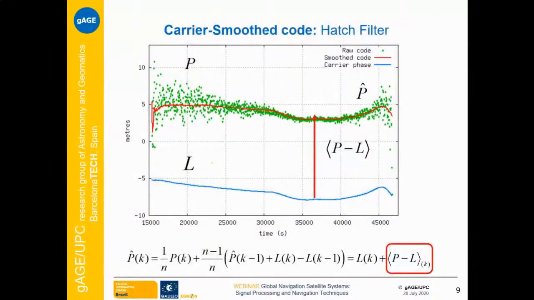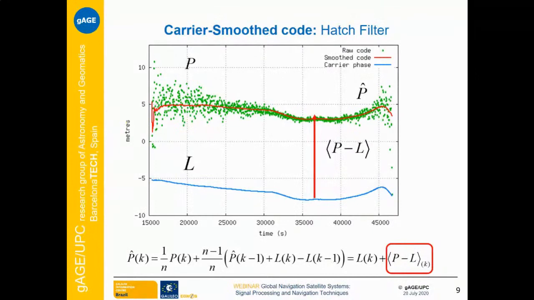This figure illustrates the different noises that can be expected in the code and the carrier. We have in green the code measurement, and we can see that it is noisy.